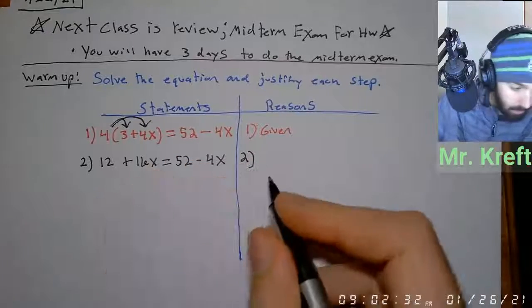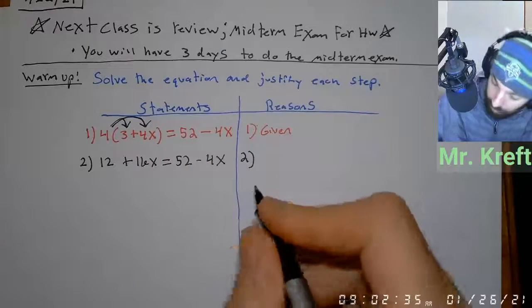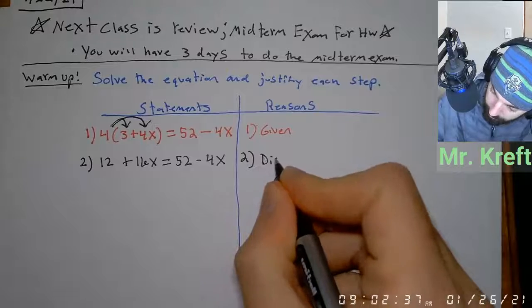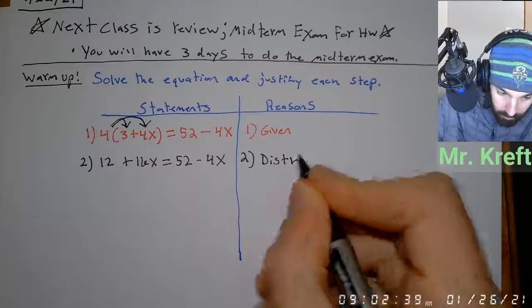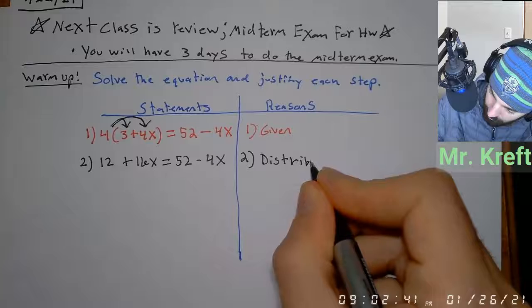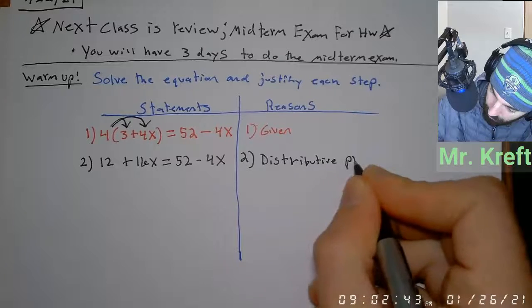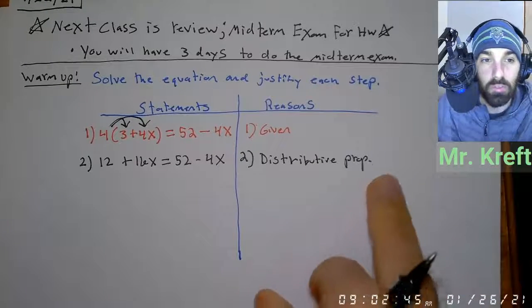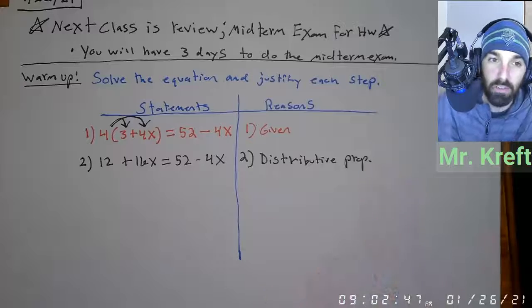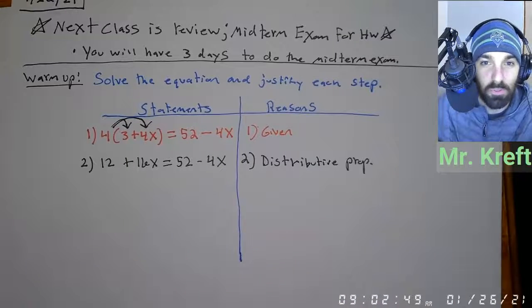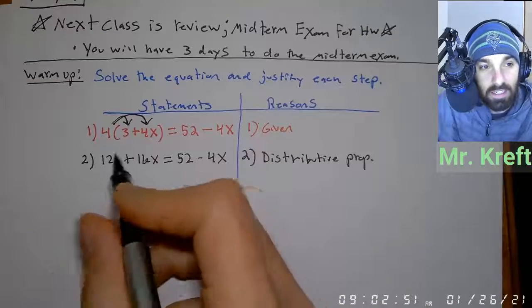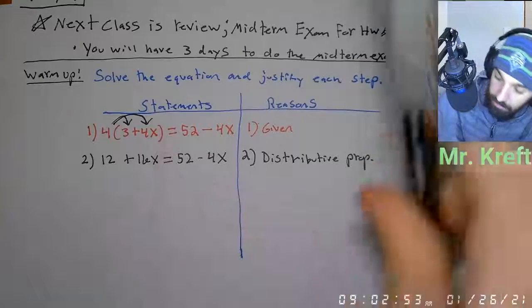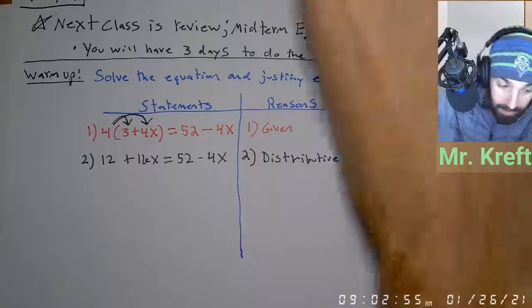So what did I do here? I did the distributive property. I'm going to abbreviate property as prop, if that's okay with you guys. Save a little bit of time there. So again, my first step, I distributed.